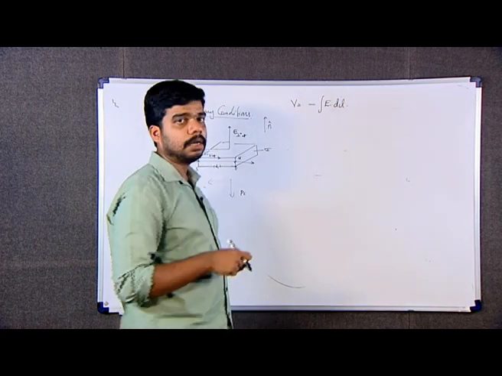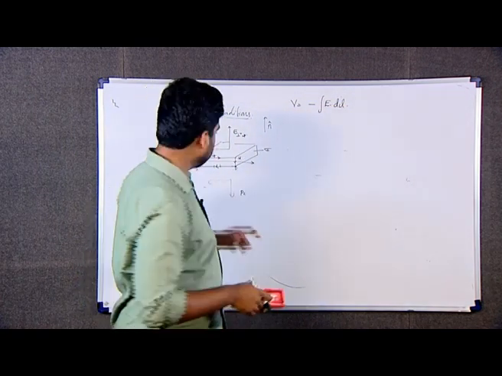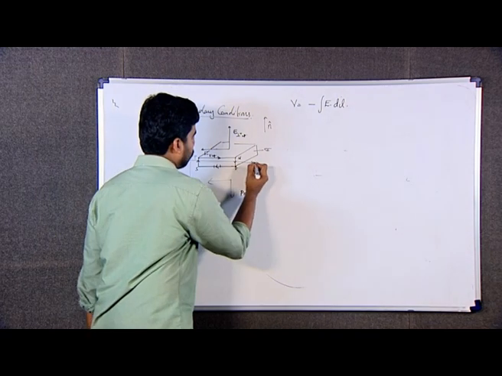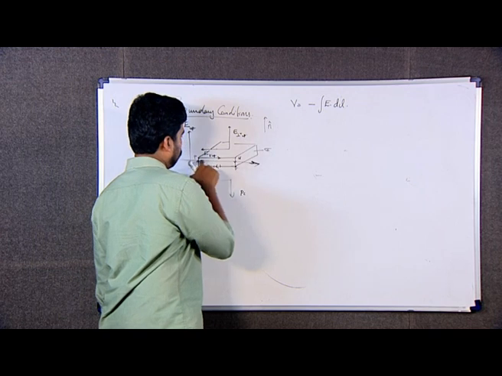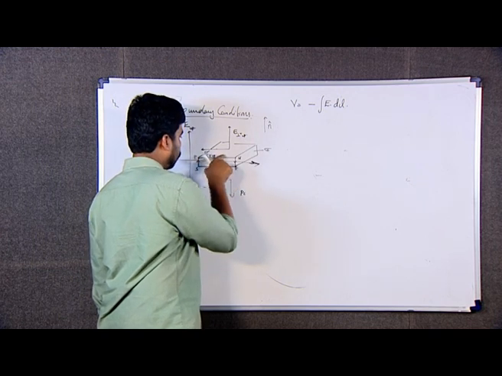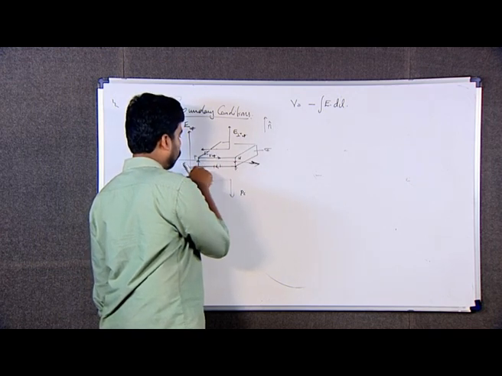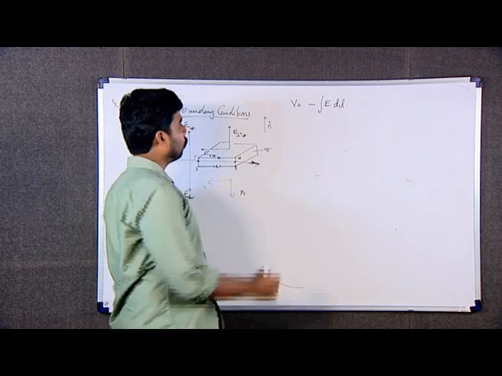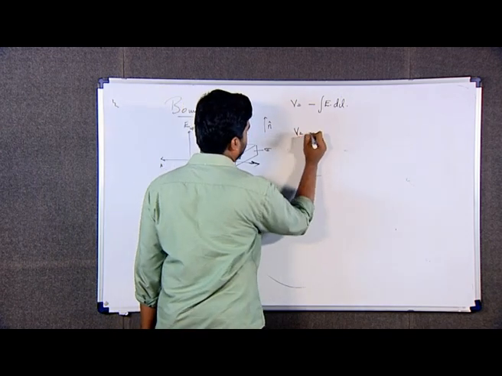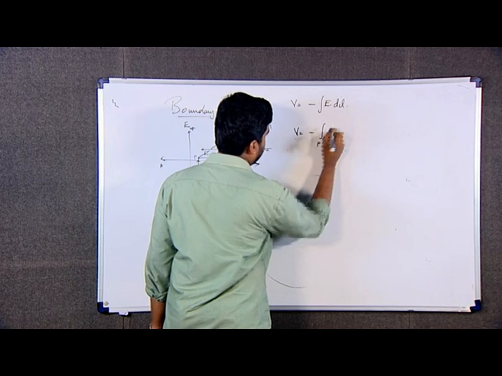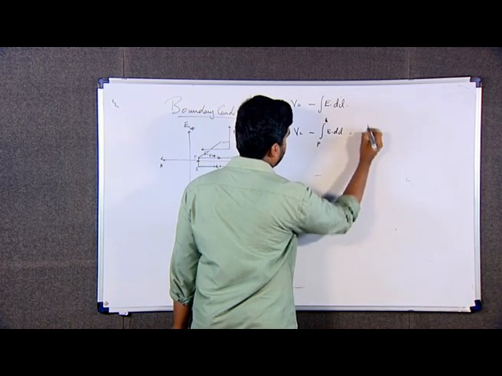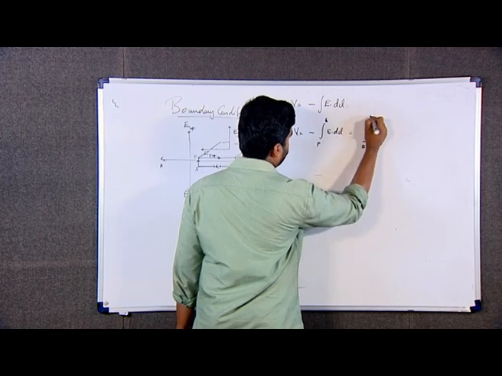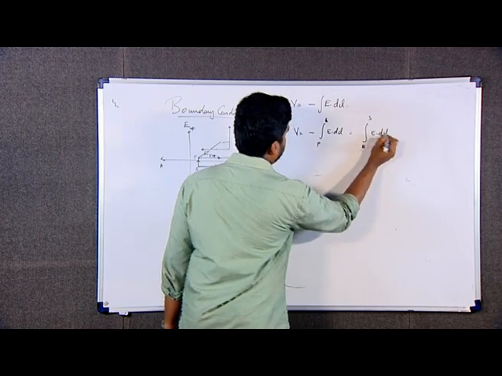So we are choosing the path along PQ and along the path RS. So V is equal to minus integral P to Q E dot dl, which is equal to the integral from R to S E dot dl.